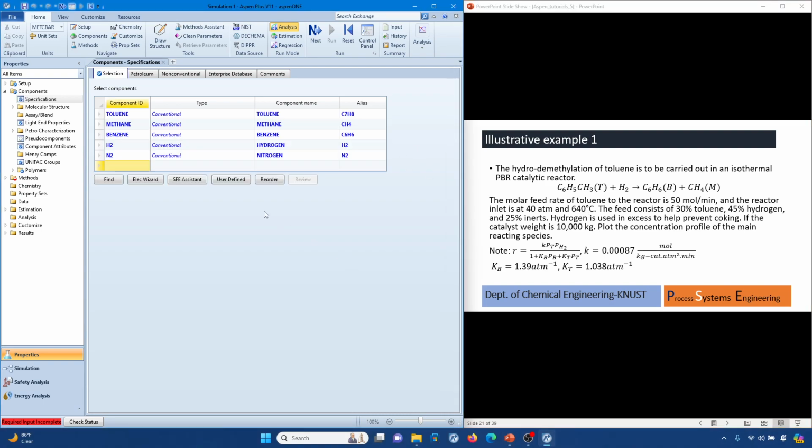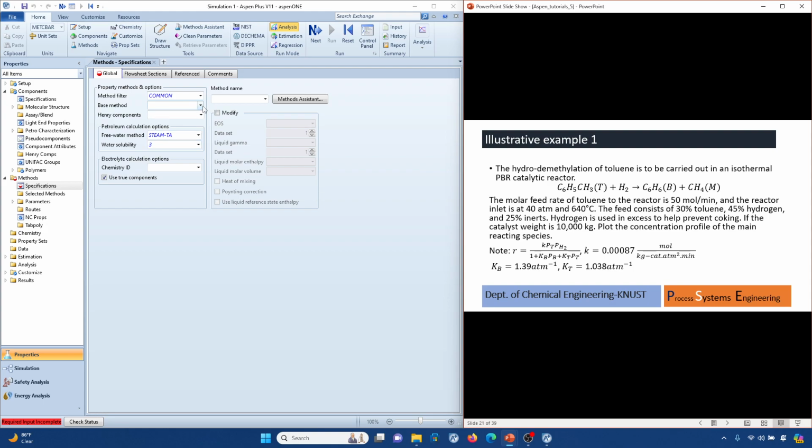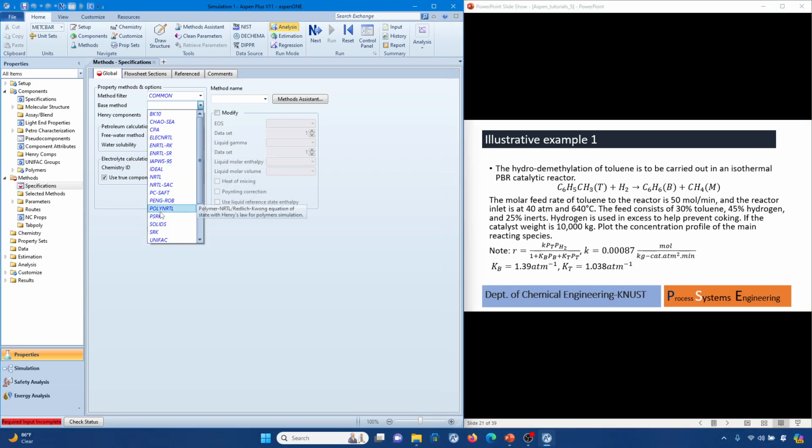We have toluene, methane, benzene, hydrogen, and an inert component, which is nitrogen gas. We go on to choose our property method. Here we use SRK, and we set the steam table option to use ASME steam tables. We don't use the steam table correlations.